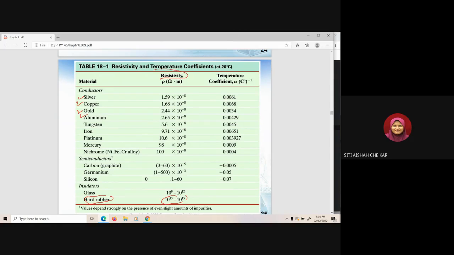Resistivity ni macam halangan untuk the current flow lah. So kalau rubber getah memang paling bagus sebagai insulator, sebab current memang susah nak flow through the rubber material because the resistivity is very high.